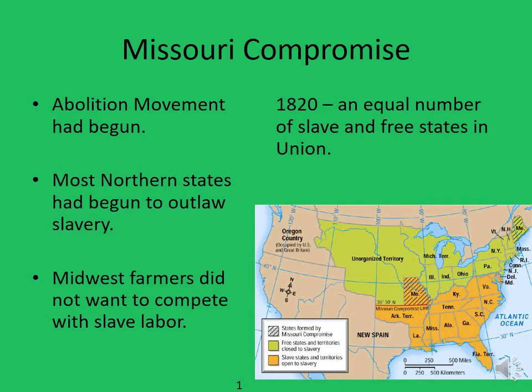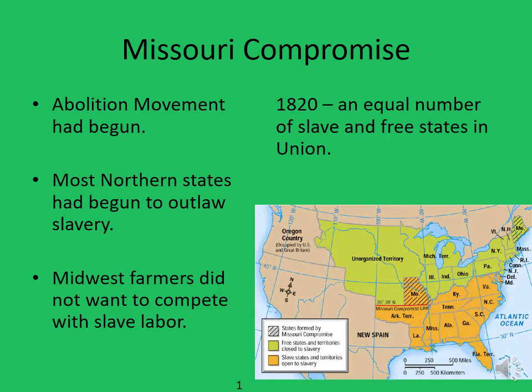Okay, and the Missouri Compromise, with Missouri becoming a slave state, Missouri would be added to the Union as a slave state, and then Maine, if you look in the upper right-hand corner, will be added as a free state. So that kept the balance in 1820 of free states and slave states.